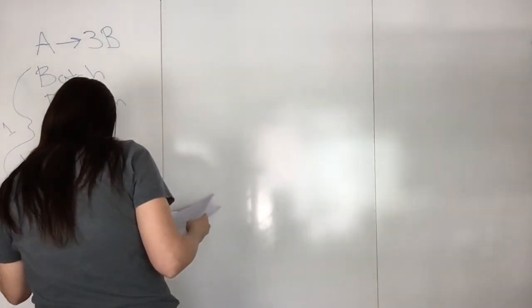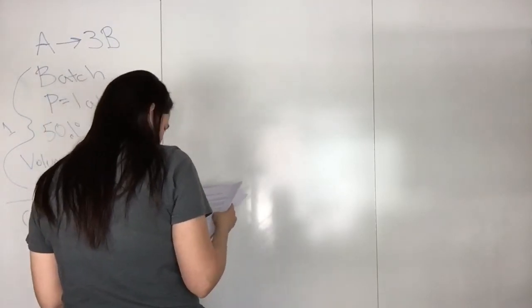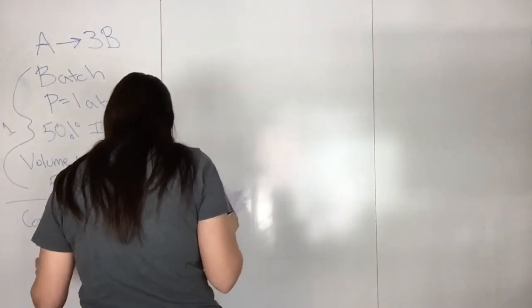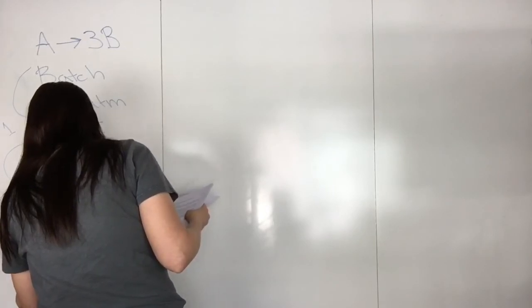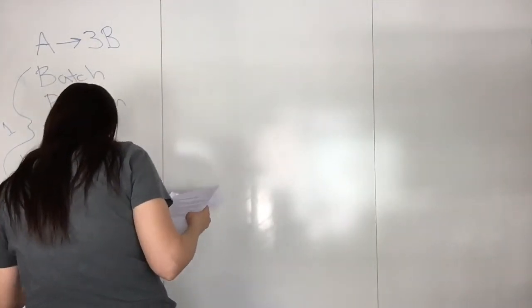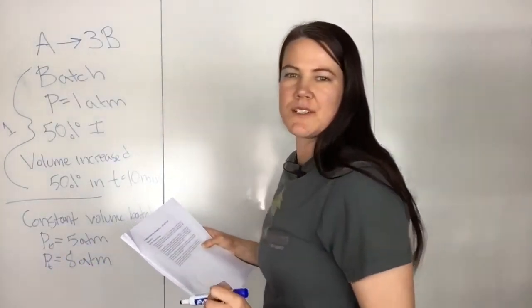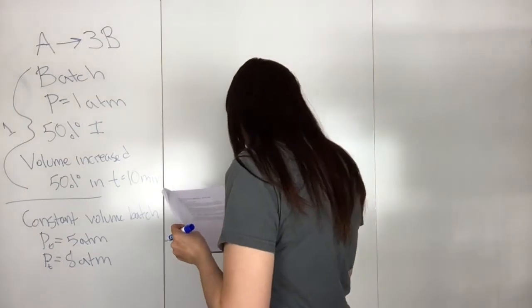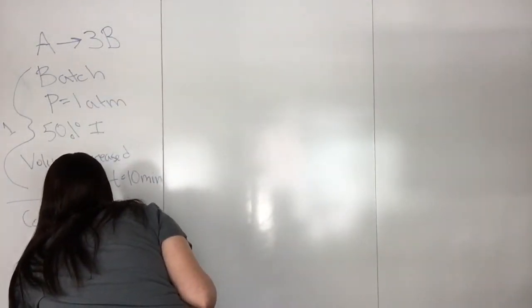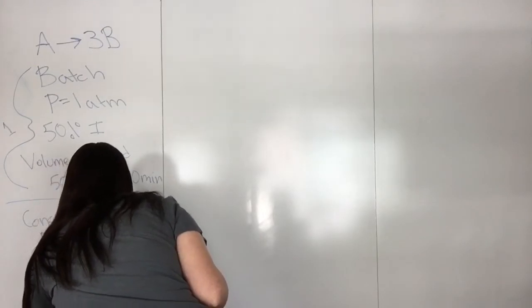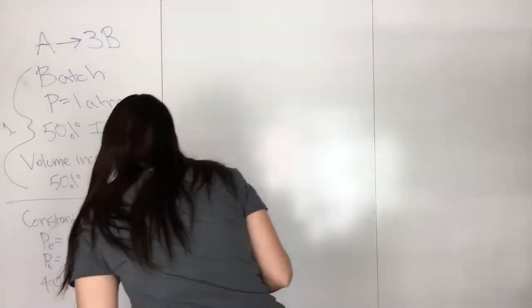The P naught equals 5 atmospheres, and P, let's call that PT, equals 8 atmospheres, and this one has 40% inerts, 40% I.